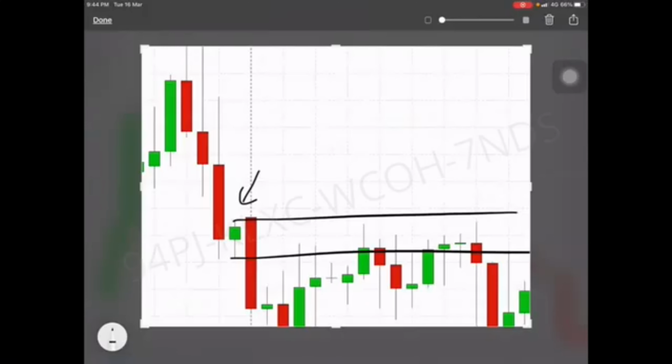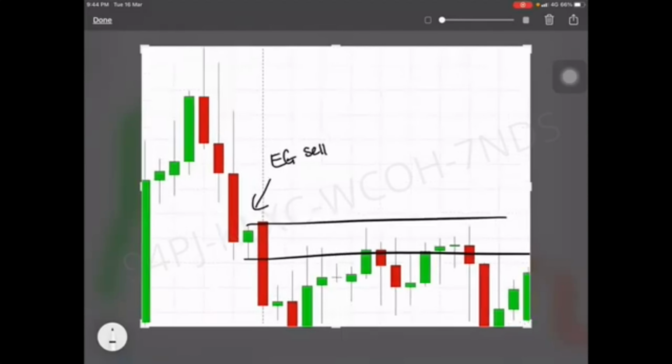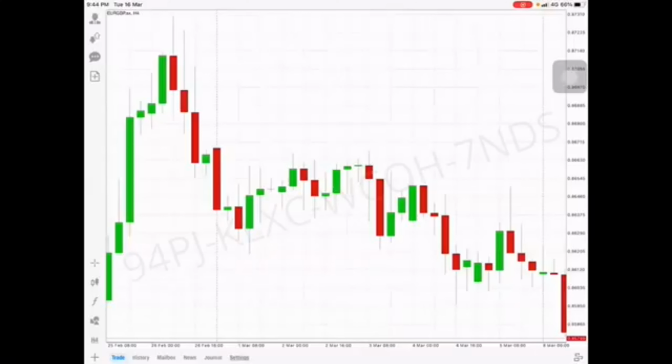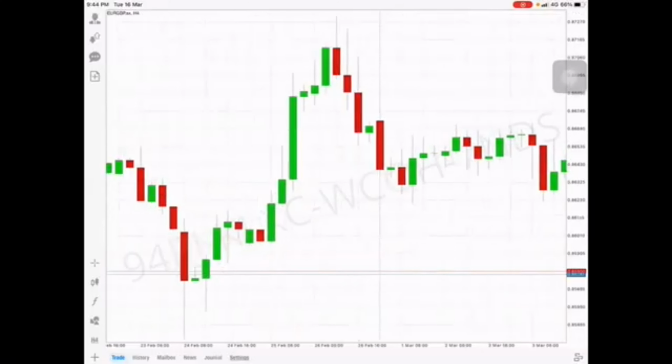This one is engulfing sell, okay? Yeah, broken. Okay, so when the price comes to this zone again, what are we looking for? Are we looking for sell or are we looking for buy? Sell. Yeah, that is correct.